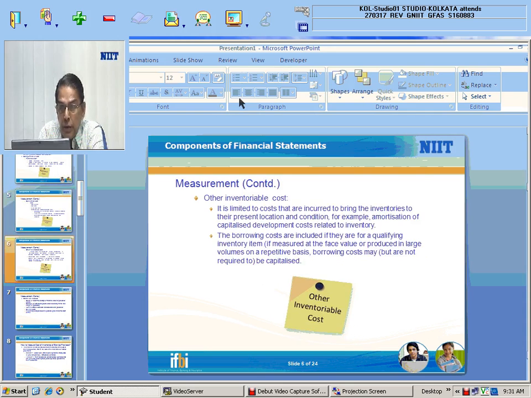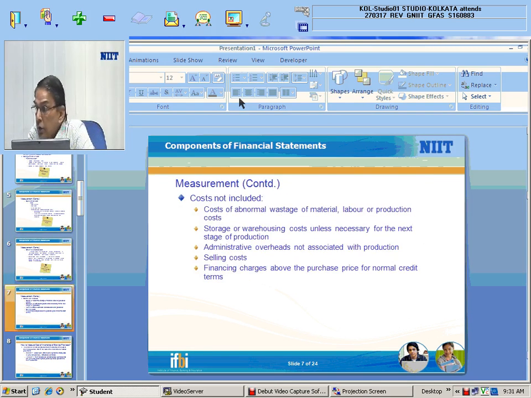Excluded. What are excluded? Selling cost. Cost not included. Please look at this slide. Selling cost is not included. So when you pay sales commission to the selling agents, that is not a part of your inventory cost. Is that clear?